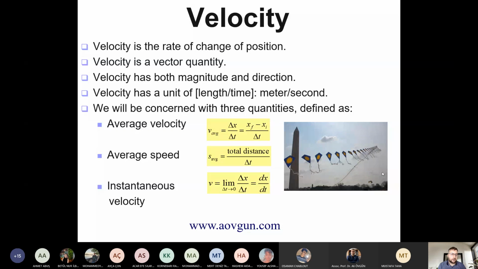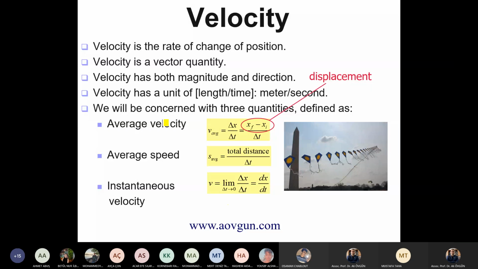And also there are three more quantities which are related with the velocity. So what are they? Average velocity. How can you calculate average velocity? For calculating the average velocity, you must use displacement, delta x.